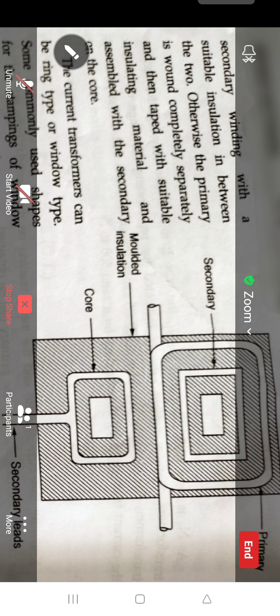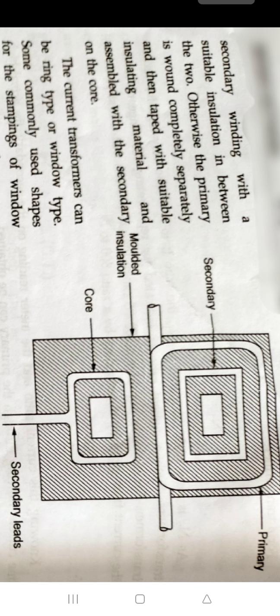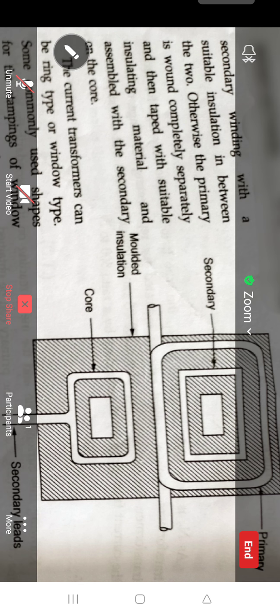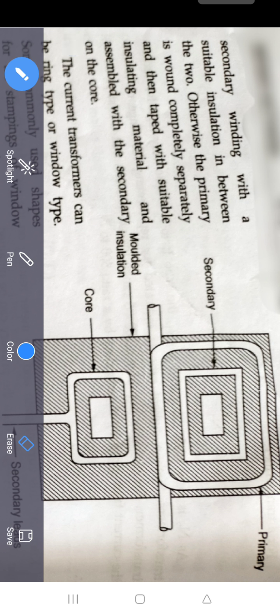So the secondary type, otherwise secondary winding, with a suitable insulation in between the two. According to the voltage, how much high voltage or low voltage we need to measure, or whatever the line carrying conductor consists of, according to that the insulation between the primary and secondary winding is chosen.